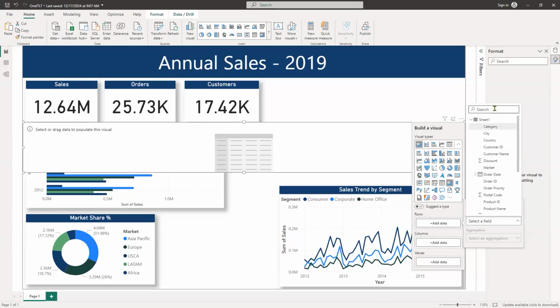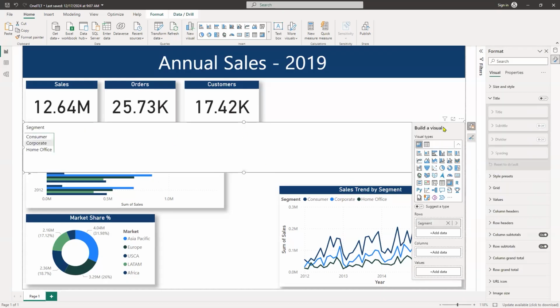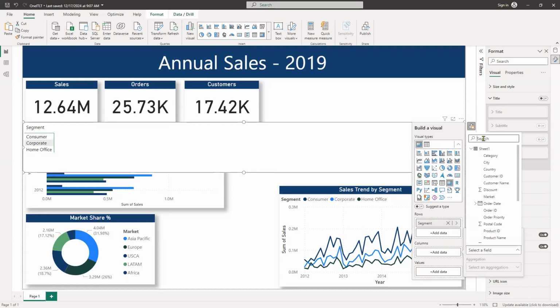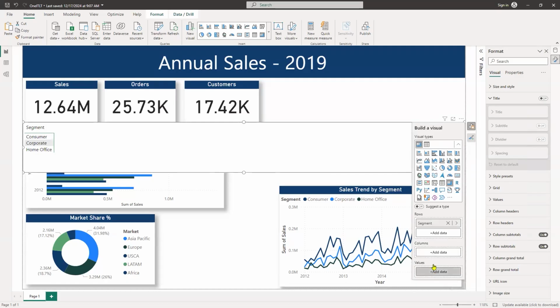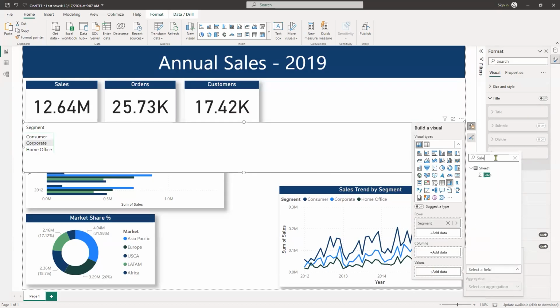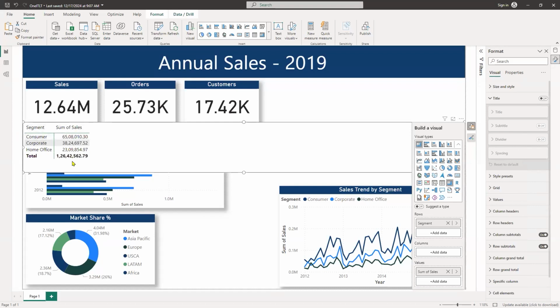For example, here I'll say segment and then sales. So segment wise, we will have sales. Okay, simple.